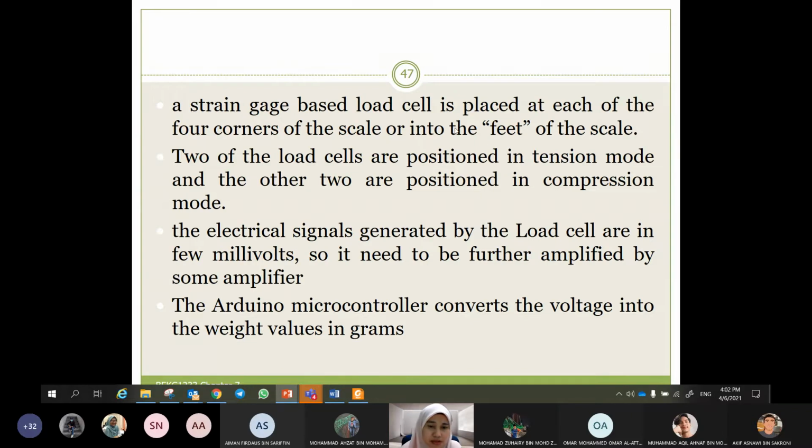Imagine this is your weight scale. 2 of the load cells are positioned in tension mode and the other 2 in compression mode.